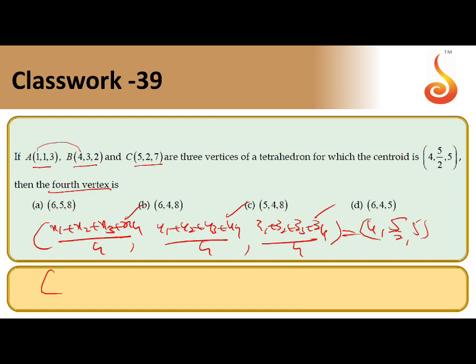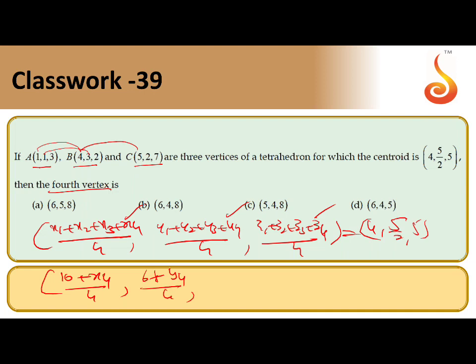So x1 plus x2 plus x3: 1 plus 4 is 5, 5 plus 5 is 10, so (10 plus x4) by 4. Next, y1 plus y2 plus y3: 1 plus 3 is 4, 4 plus 2 is 6, so (6 plus y4) by 4.